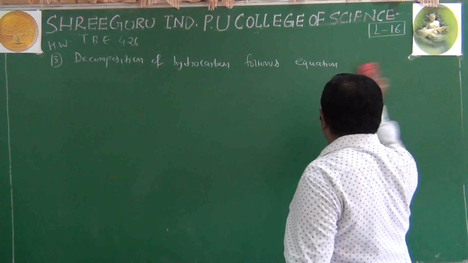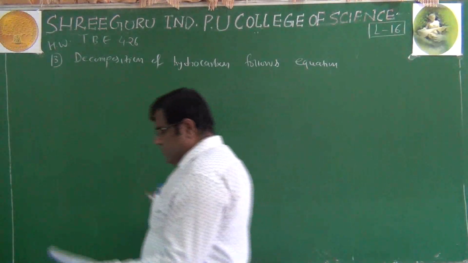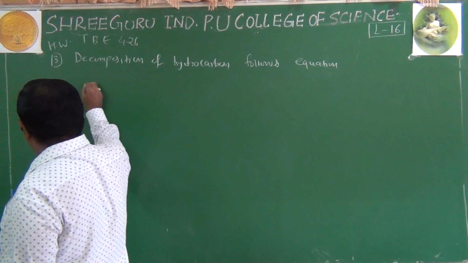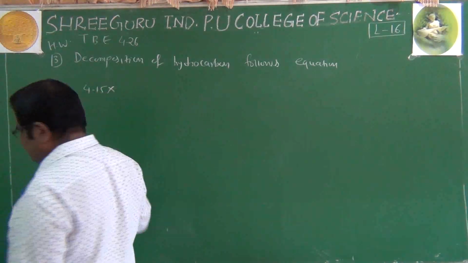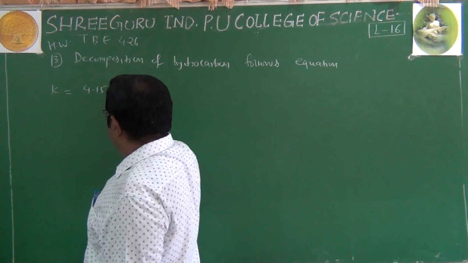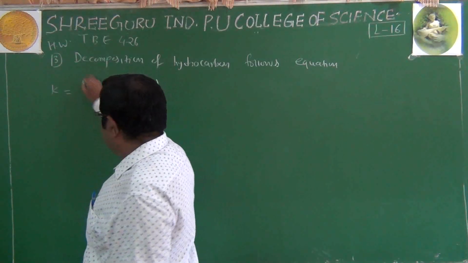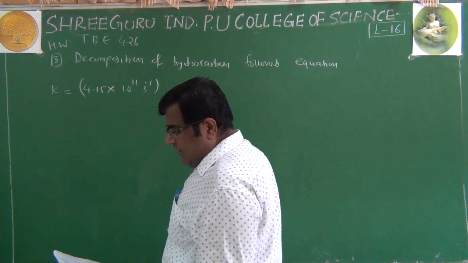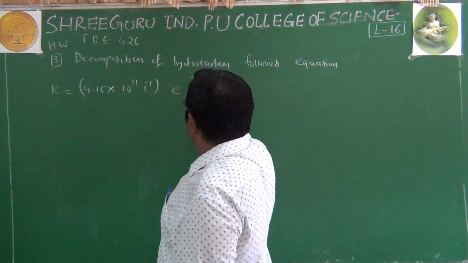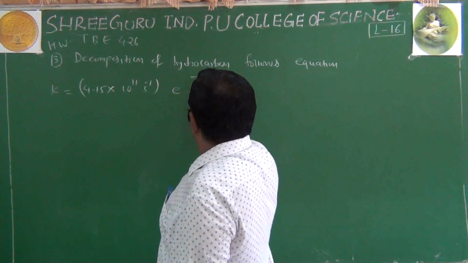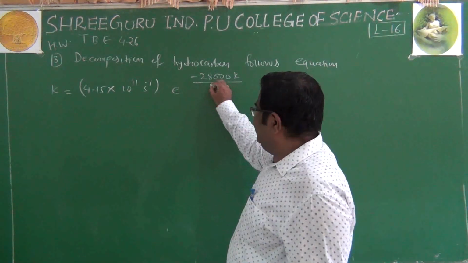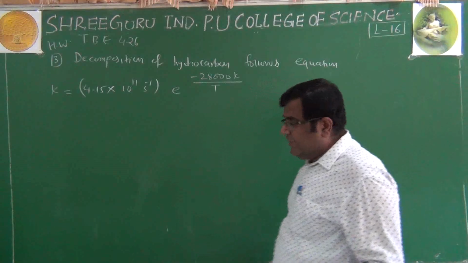Write this whole part here because it requires more space. K equals the same 4.15 into 10 raised to 11 per second, e raised to minus 28,000 K by T. Calculate EA.